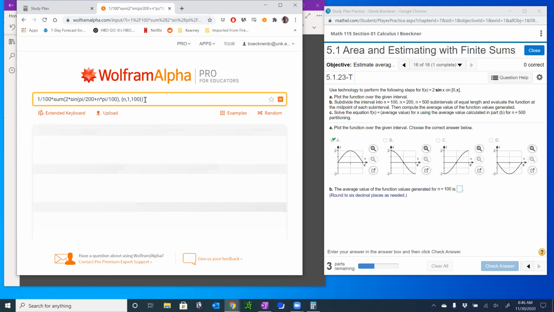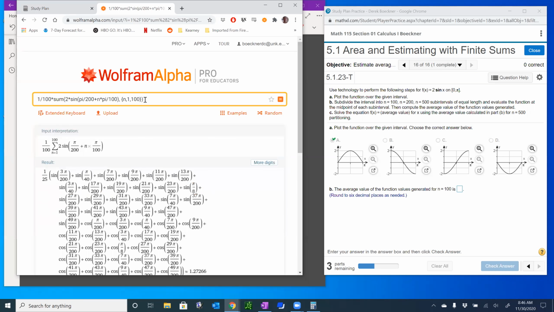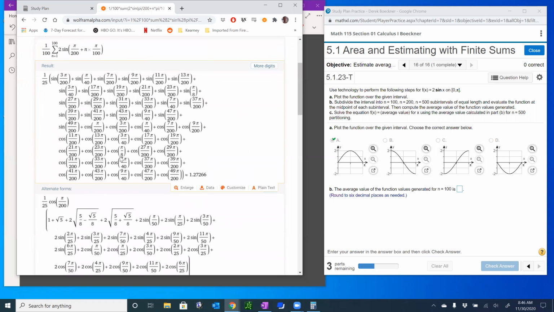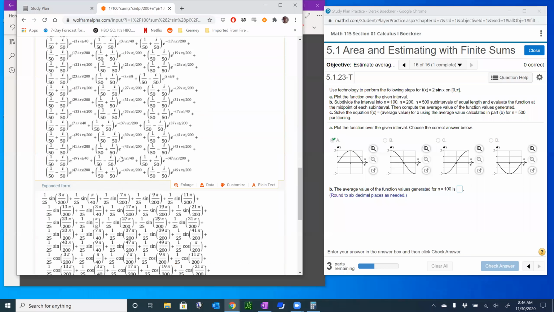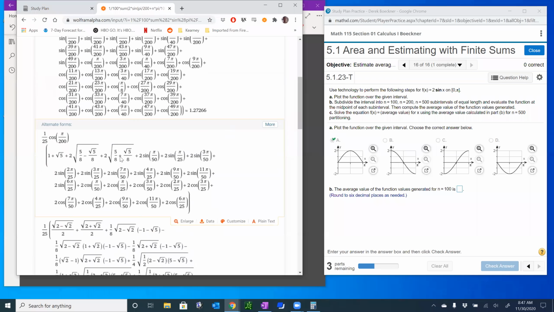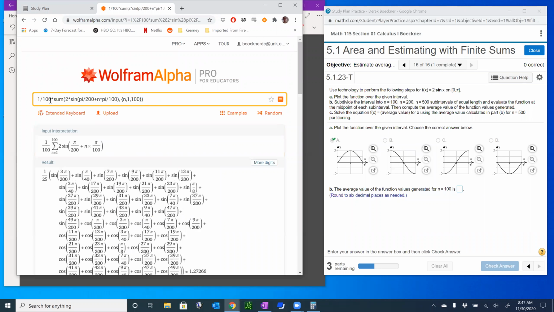We'll see how it interprets it. So it says it's going to sum from n equals 1 to 100, which is what I want. And then I'm going to have the half bit plus how many rectangles away I am, full width, and I get this. Okay, so it does that. And it gives you the expanded forms. If I wanted to approximate it, let's just put in a decimal so it approximates it. So 0.01 times that.